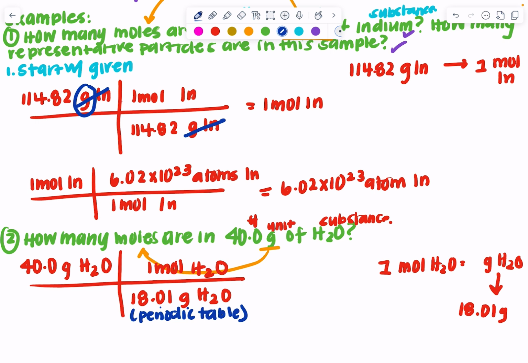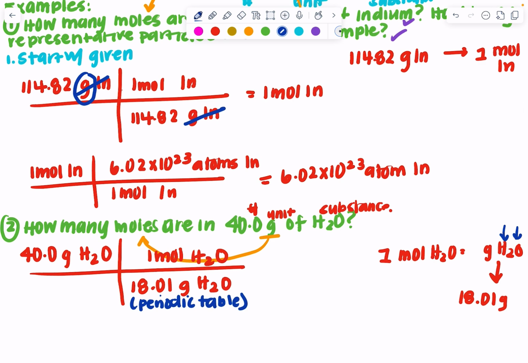This shouldn't be confusing to us. We look on the periodic table, add hydrogen, we add that to the atomic mass or the molar mass of oxygen, okay? We do 40 divided by 18.01. It should be around 2, in this case it's 2.22 moles of water.